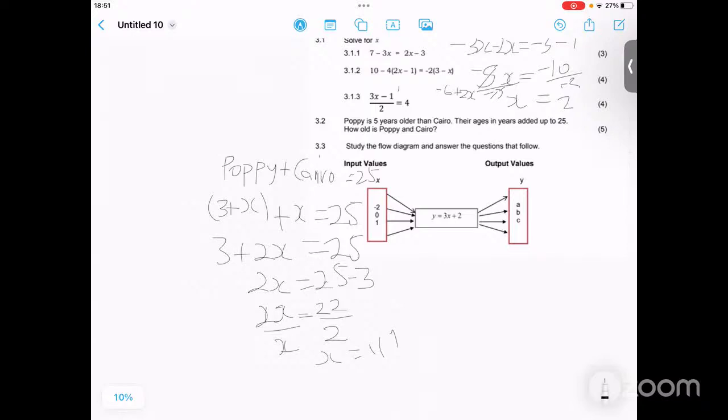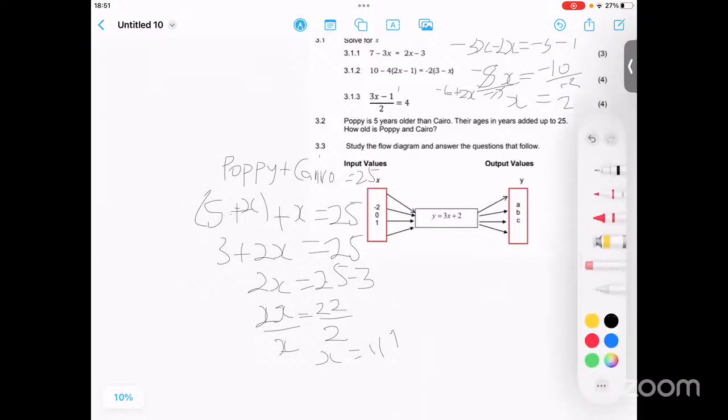So Poppy, because Poppy is 5 years older than Cairo, is going to be 5 plus x or x plus 5, same thing, right? And then we're going to do the same thing, but replacing the 3 with the 5.